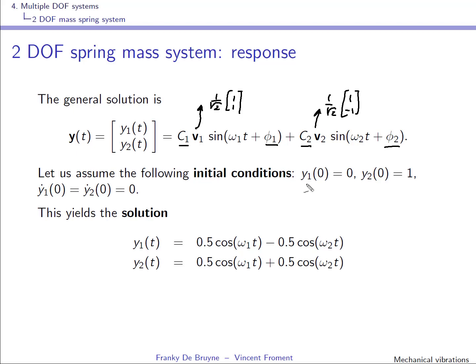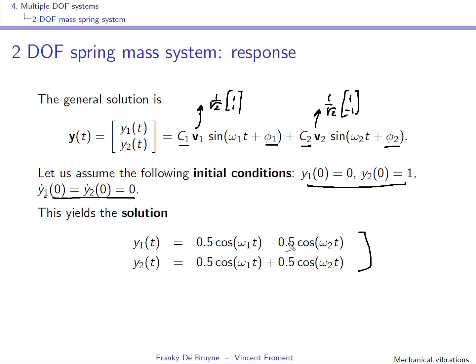Well, let's take an example. In this case, you have 2 conditions on y. y1 at time 0 is 0, and y2 at time 0 is 1, and both derivatives at time t equals 0 are 0. If you do the computation, this leads to this solution over here.